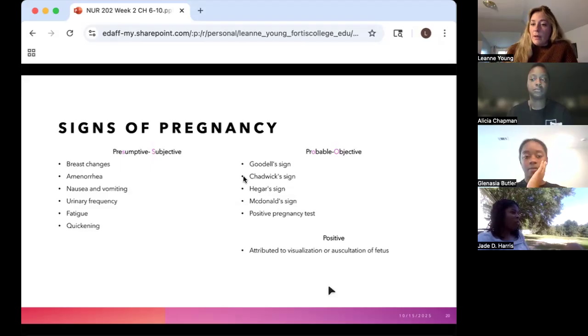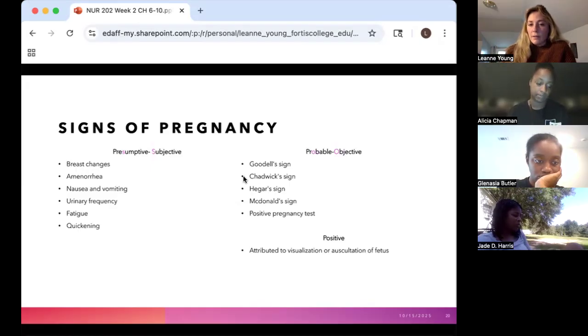Your positive signs of pregnancy are going to be attributed to the visualization or auscultation of the fetus. Some people will argue, well, if we have a positive pregnancy test or an increase in HCG levels, that is definitely pregnancy related, but it's not, because different things can cause HCG levels to increase. Do you guys know what some of those things would be, or one of those things?